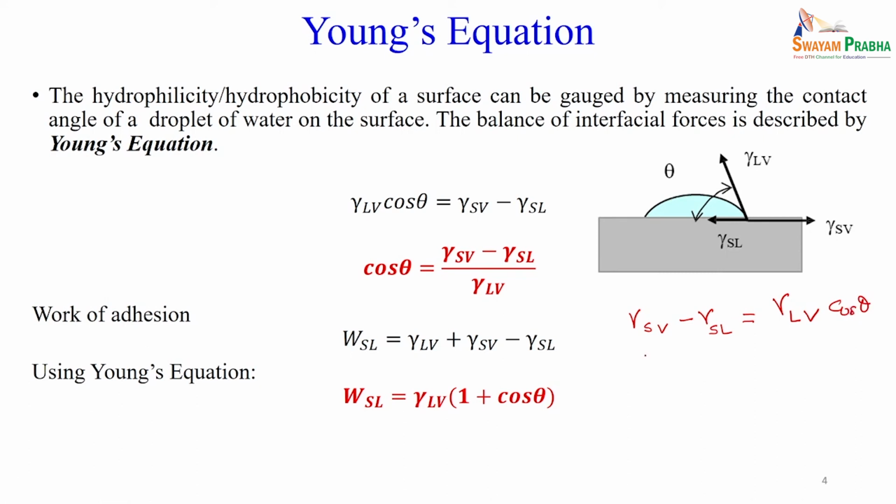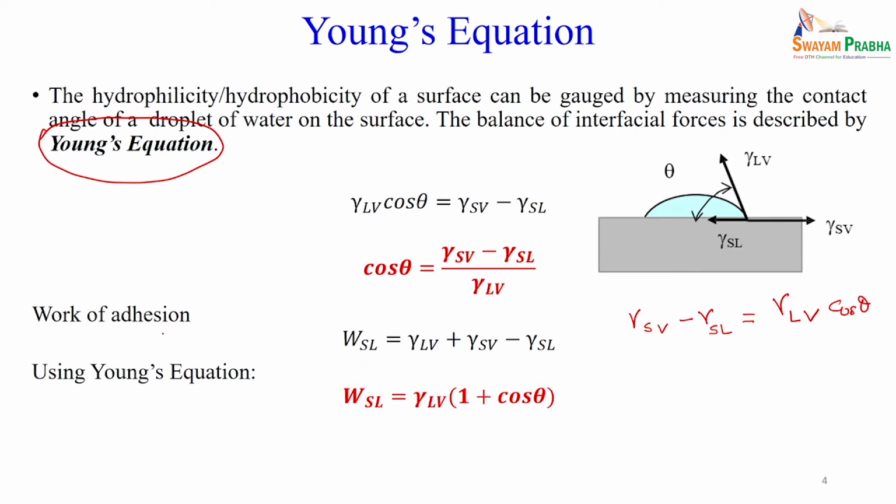So, cos theta is gamma SV, the solid vapor interfacial tension or surface tension, minus the solid liquid interfacial tension, divided by the liquid vapor interfacial tension. This is known as Young's equation.